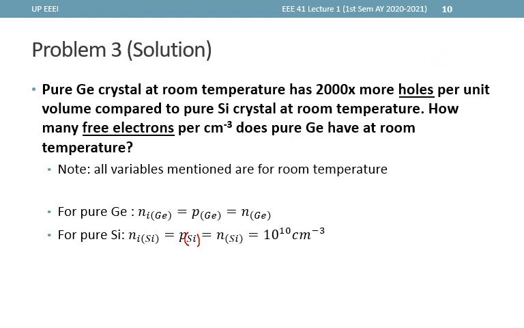Now from the given, it is said that a pure germanium crystal has 2,000 times more holes per unit volume. So this quantity right here is the holes for germanium, and it is compared to the holes per unit volume of a pure silicon crystal at room temperature. So this orange one here is this one.